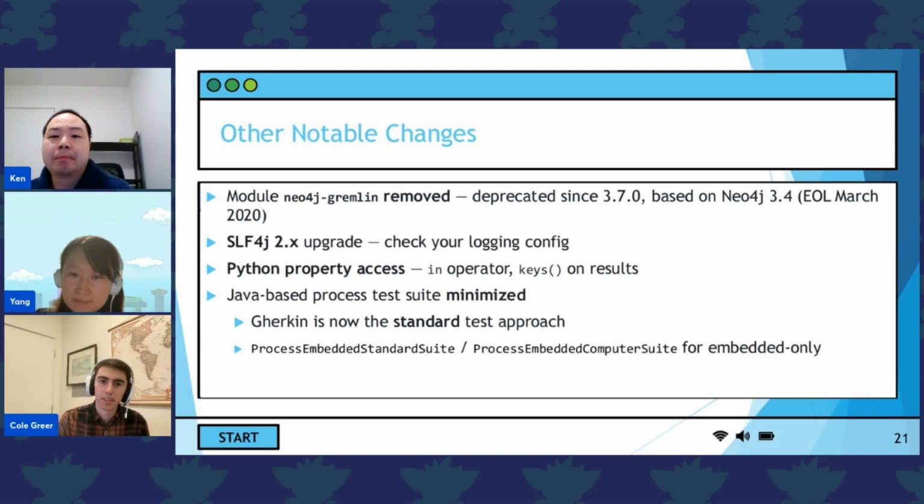At this point, the remaining process tests are only a handful of cases that can't easily be mapped into the feature tests. So if you're only testing with the process tests right now, you're really missing out on the bulk of our coverage and validation. You really want to be adapting to the Gherkin feature tests. That'll be the main suite now and going forward.